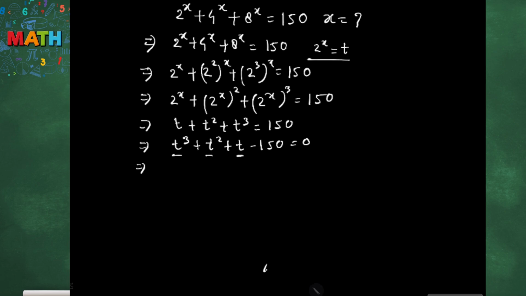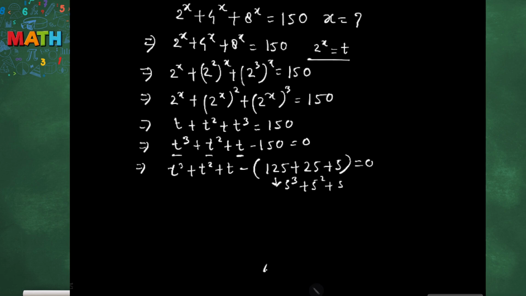the summation of some number will make 150. So we can write t cube plus t square plus t, and you can write this as 125 plus 25 plus 5, right? Why I have done this, I have already explained. This becomes 5 cube, this becomes 5 square, and this is 5, correct?